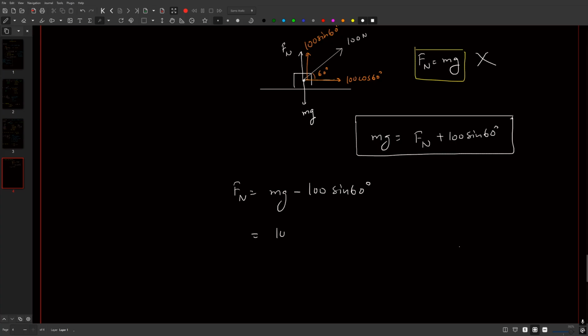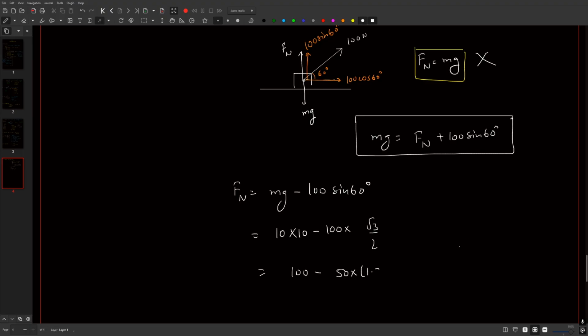Now mass is already given. I said it is 10, g is 10, 100, and then sin 60 degrees. Sin 60 degrees is root 3 over 2. We can substitute the value here. So 100 minus 100 times root 3 over 2, this is going to be 50 root 3.